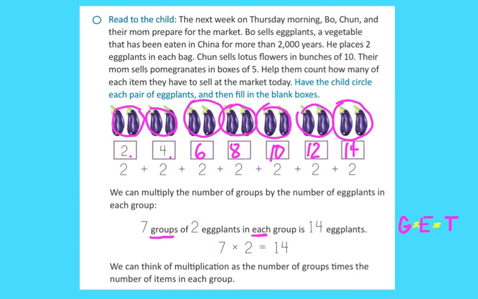So we can multiply the number of groups, 7 of those, each one of these is another group. 7 groups of 2 eggplants in each group is 14 eggplants. 7 times 2 equals 14. G-E-T. We can think of multiplication as the number of groups times the number of items in each group.